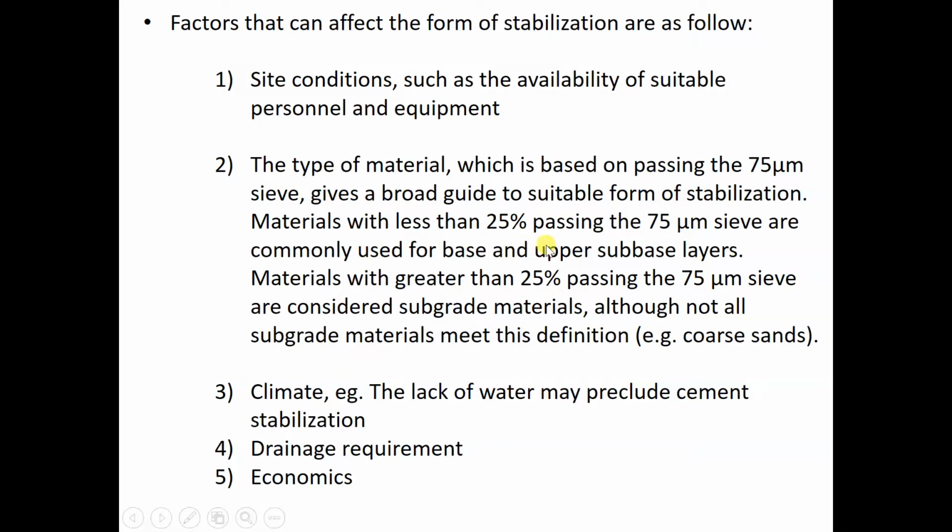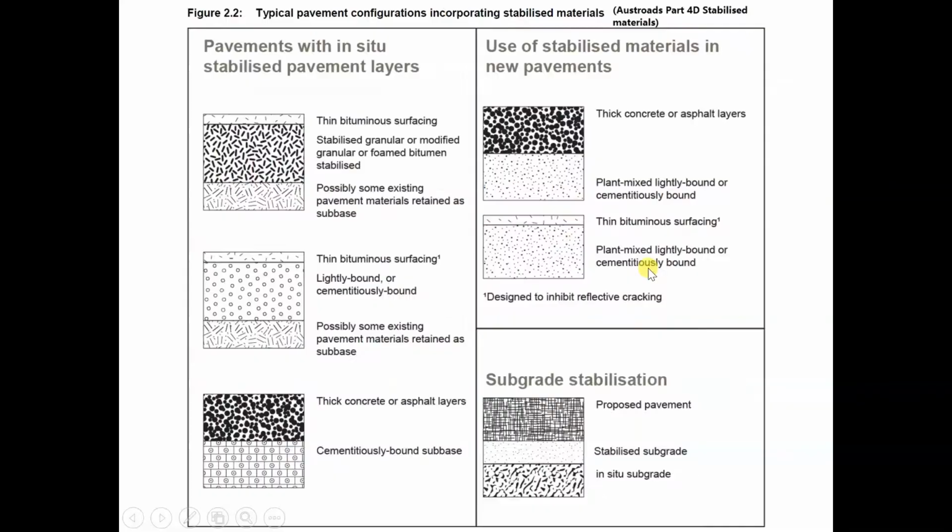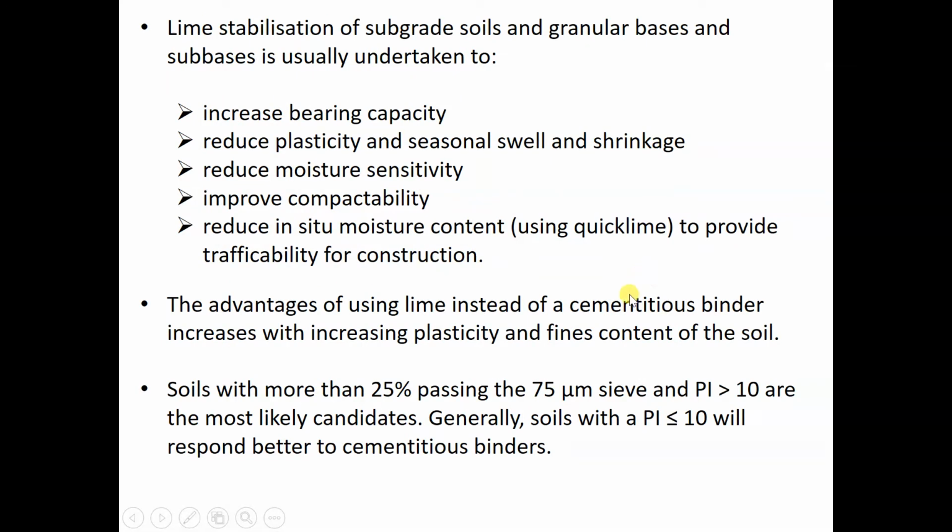If it's less than this, then it's considered as a better or sub-base layer. So generally, soil with a PI less than 10, the less plastic soil, then it's better to use the cementitious binder.